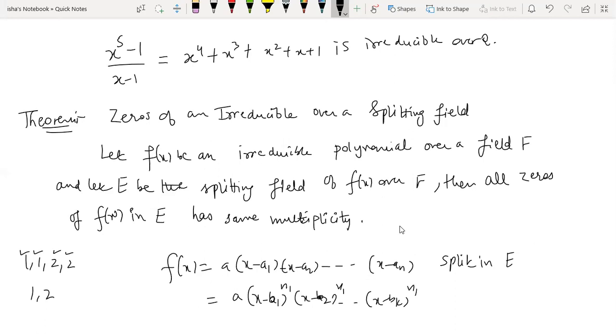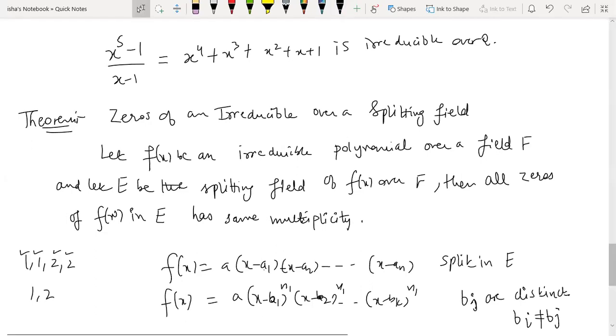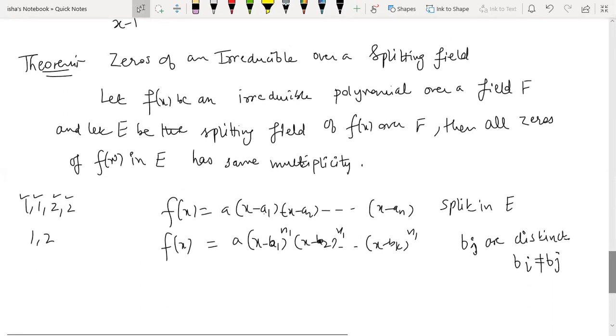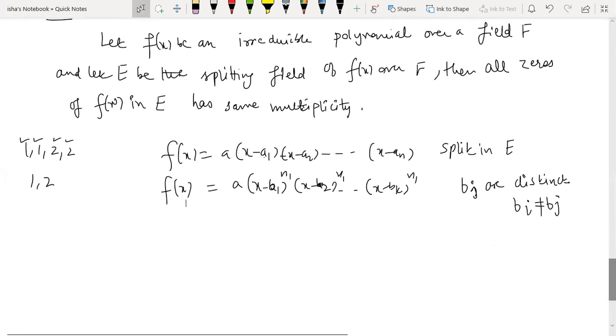So they will have the same multiplicity, where you can say these bj's are distinct. Means no bi is same as bj. ये same हो सकते हैं. So it means this is a very strong result, but this happens for an irreducible polynomial and obviously in the splitting field, not in any other field.